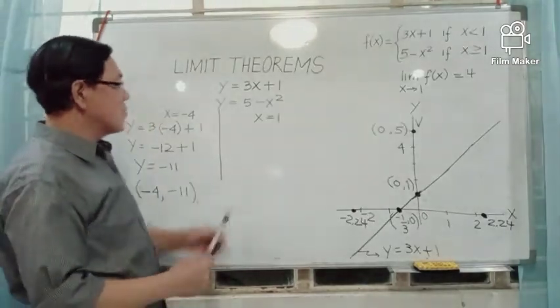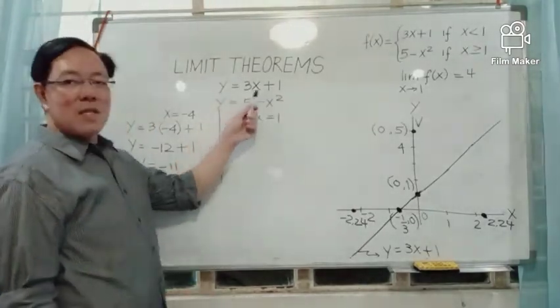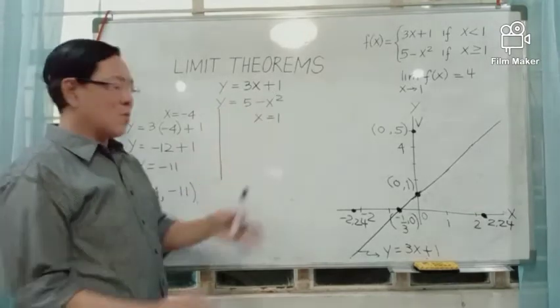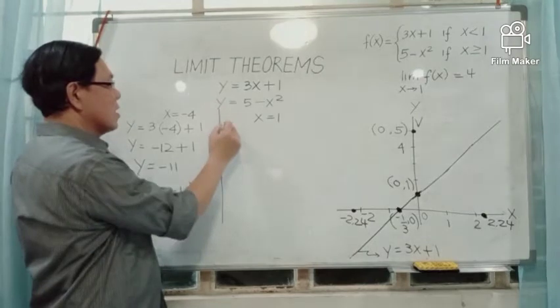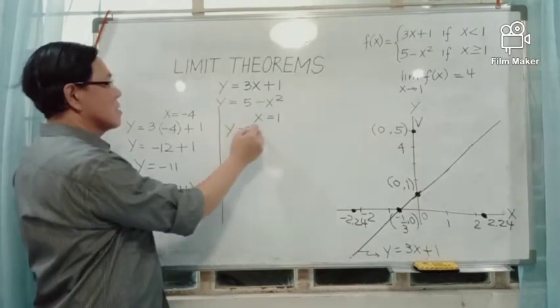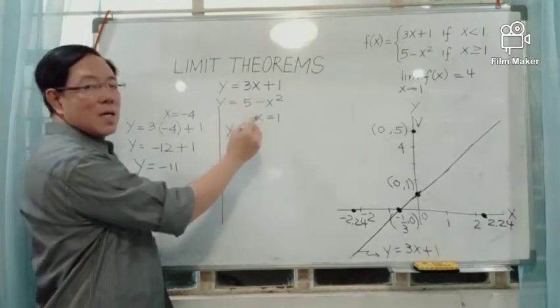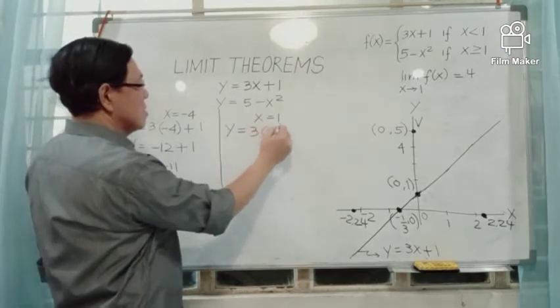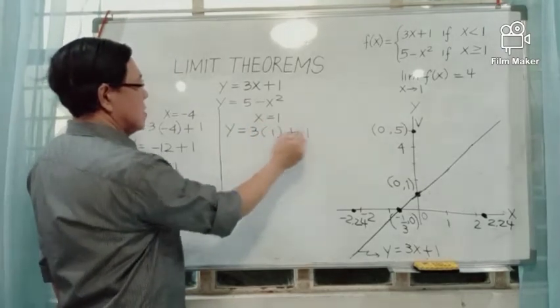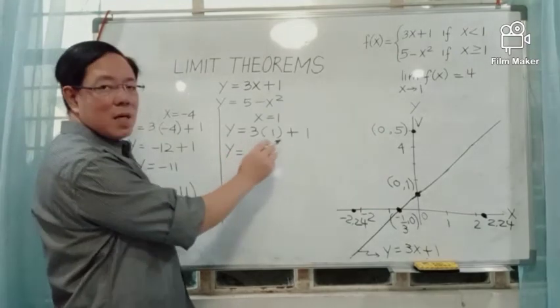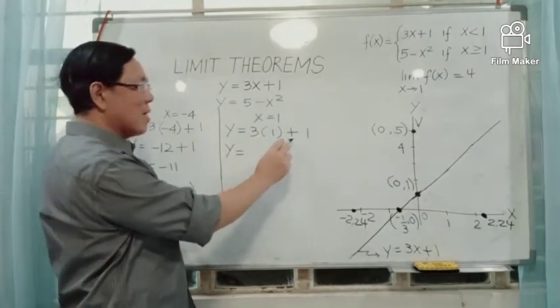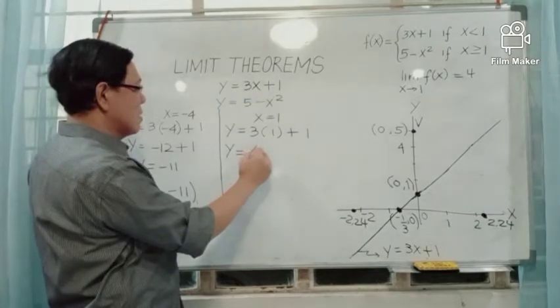Now we solve for the value of y using this linear equation when x equals 1. We get y equals 3 multiplied by x, 1, plus 1. And y equals 3 by 1 is 3, plus 1, 4.